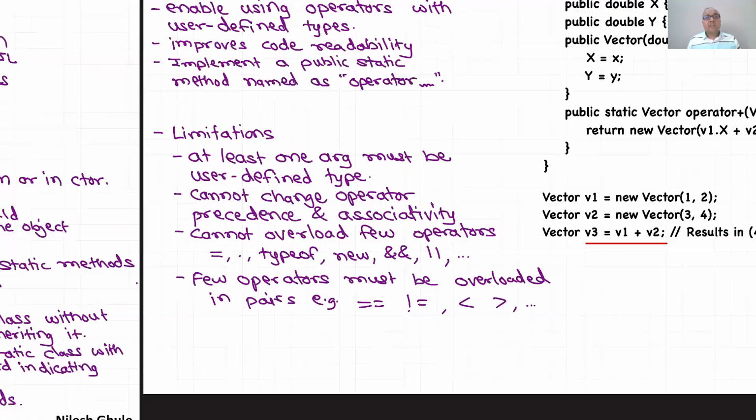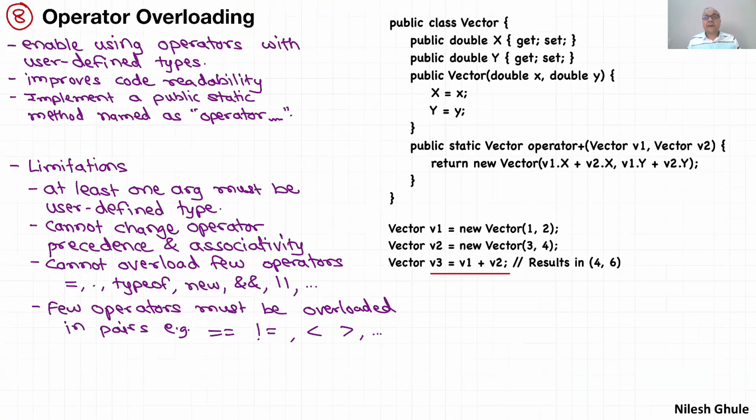By any chance, if you are coming from the C++ background, in C++, the operator overloading is really rich, and at the same time, it is really confusing. There are so many different features implemented in C++ operator overloading, and it really makes it very difficult to grasp, especially for the beginners.